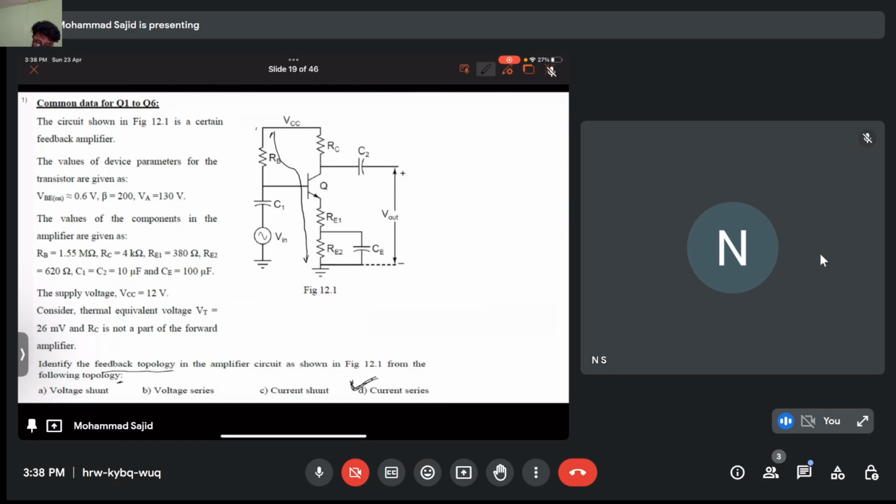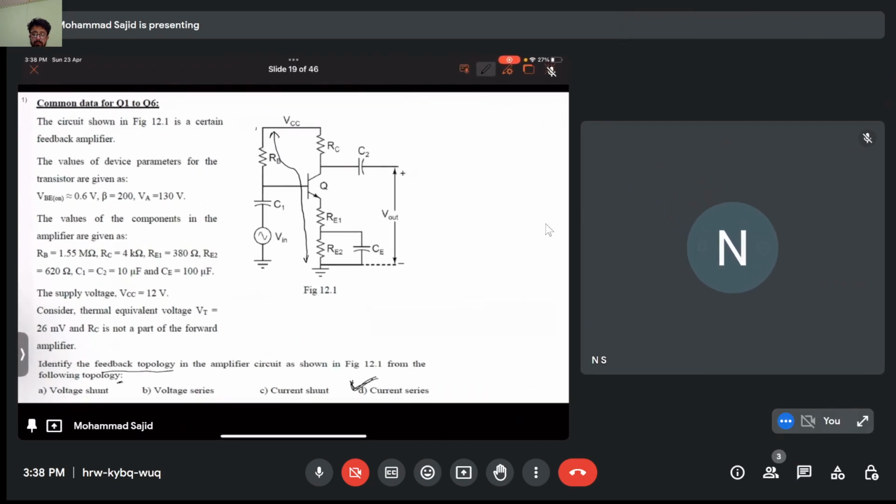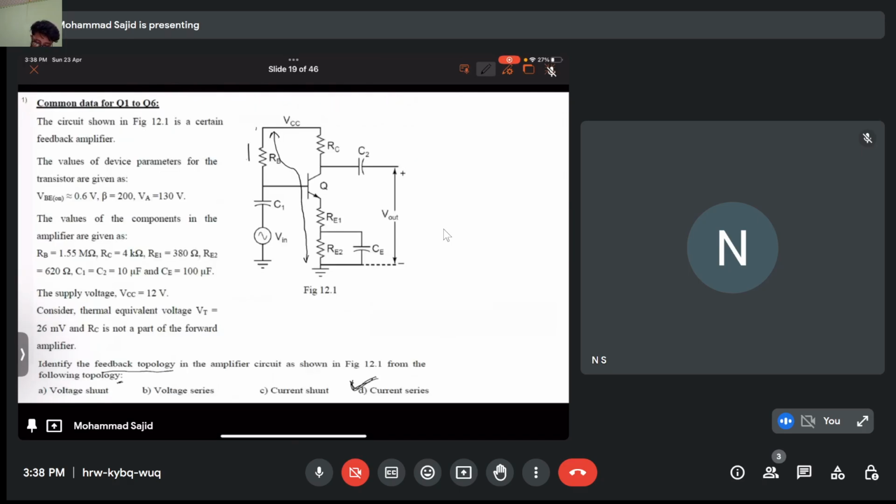We'll use KVL from this node to this node. VCC is equal to, if a current IB flows through here, from this node to this node the voltage is VBE, right? That is given to us as 0.6. Beta is also given, VA is also given.